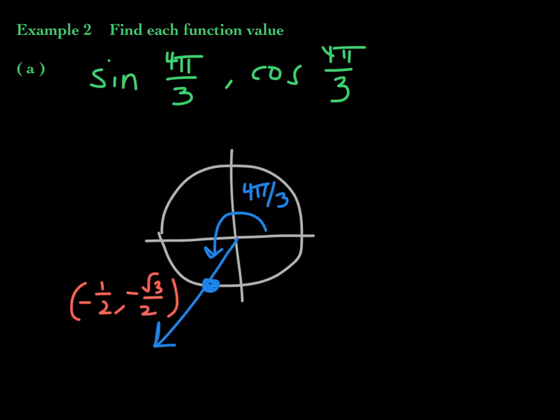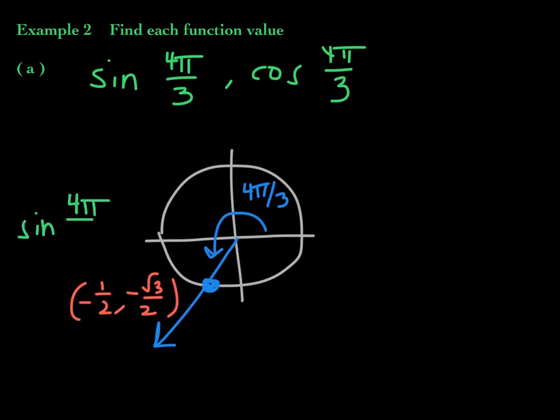Okay, everybody, this value here, the second coordinate, is the sine value of 4 pi over 3. This first coordinate is the cosine value of 4 pi over 3. So the unit circle just gives it to us as long as we understand this is sine of 4 pi over 3.